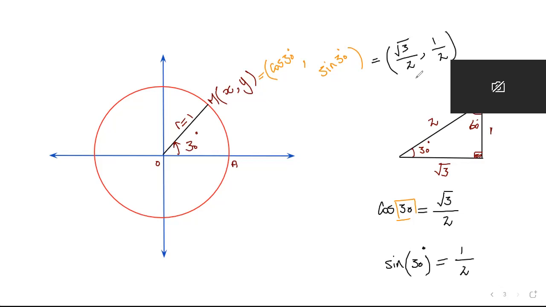So what did I do so far? I located this flying mosquito when she was flying in the air, making the angle 30 degrees. Now that mosquito is located at square root of 3 over 2 along the x and 1 over 2 along the y. That's what we have done.